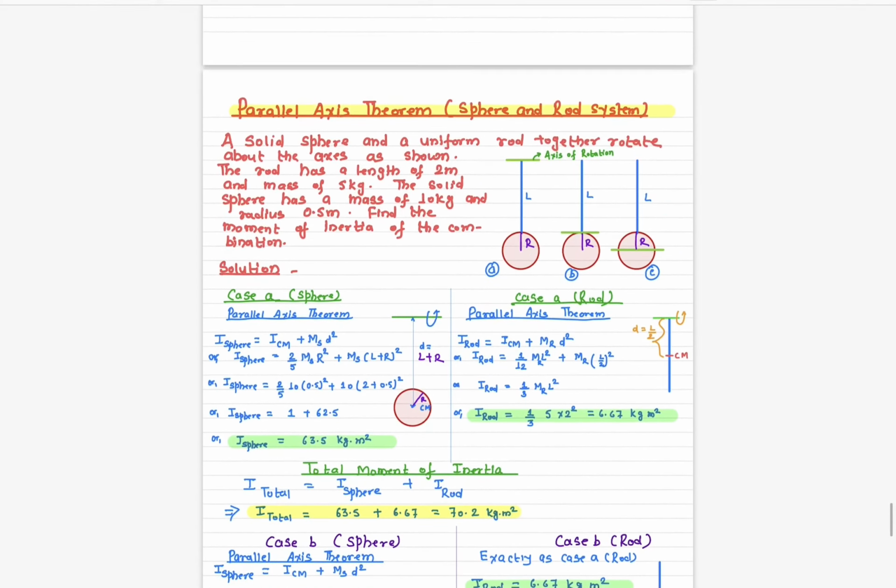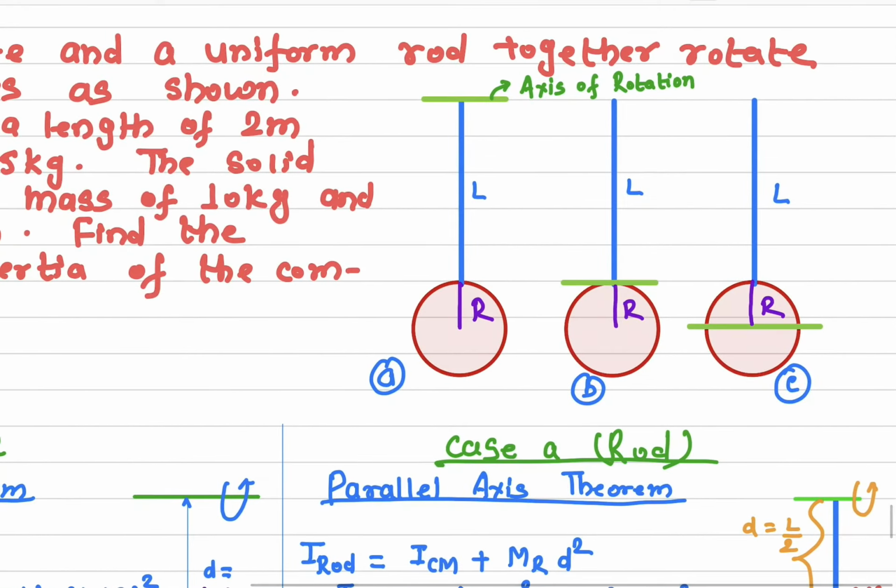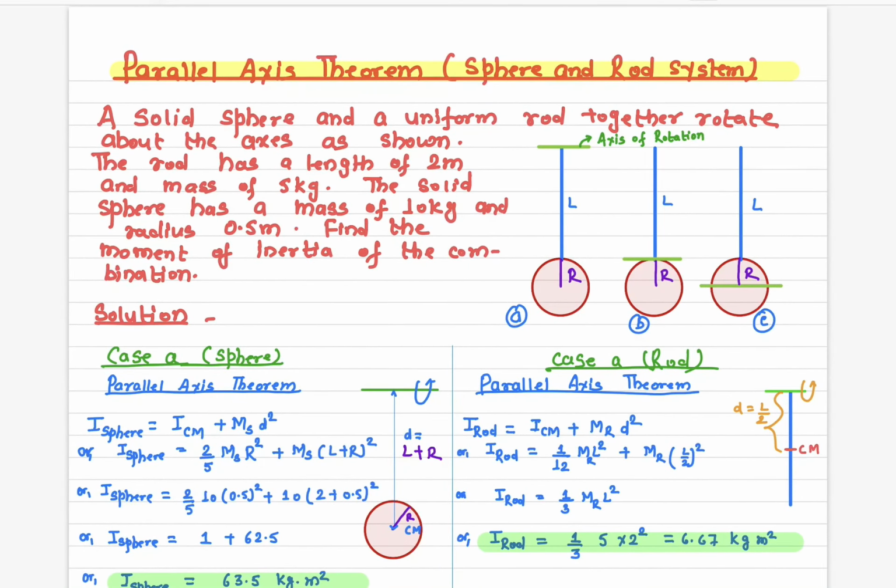What you can see here is the moment of inertia is greatest in this case, which makes sense because more mass is distributed about this axis of rotation, and the moment of inertia is the smallest for this case. Okay, so this is how you calculate the moment of inertia of a combined system of two or more parts using the parallel axis theorem.